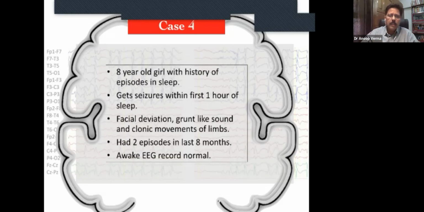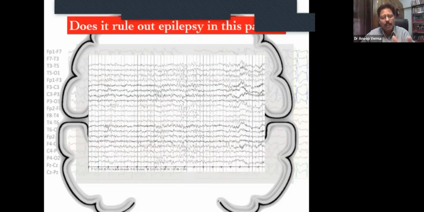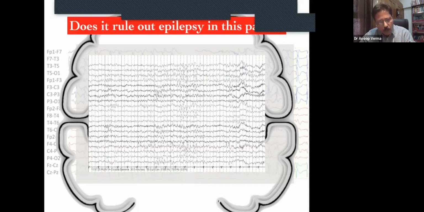Another patient, an 8-year-old girl with a history of episodes of seizure within the first hour of sleep: facial deviation, grunting sounds, clonic movements, 2 episodes in the last 8 months. The awake EEG record was normal. This patient was offered an EEG, but at the time of the day she was all awake, and it turned out to be normal.